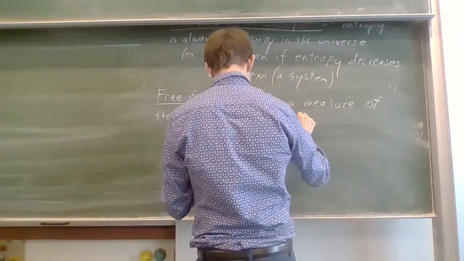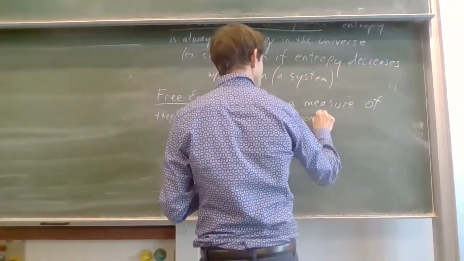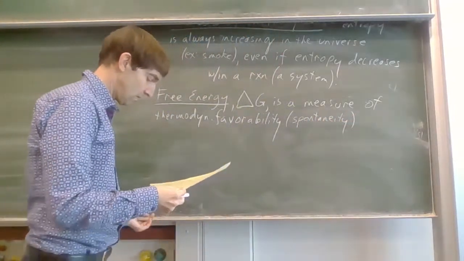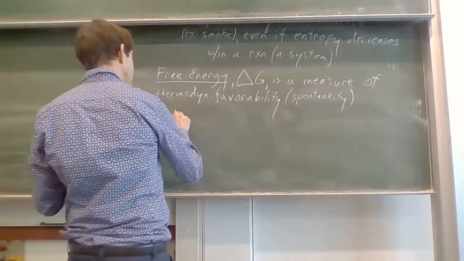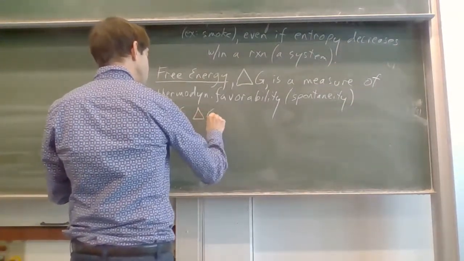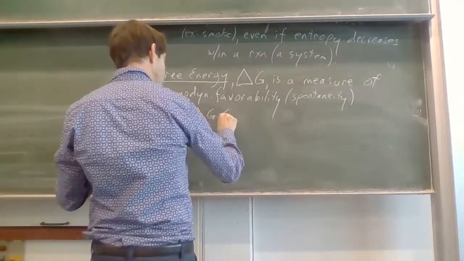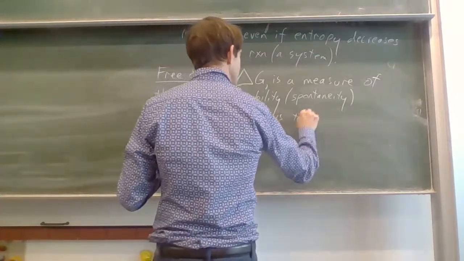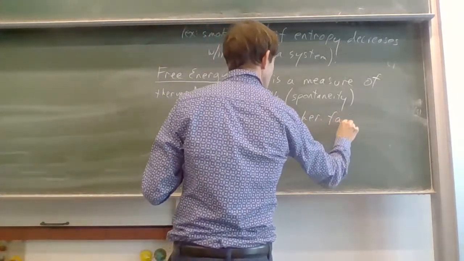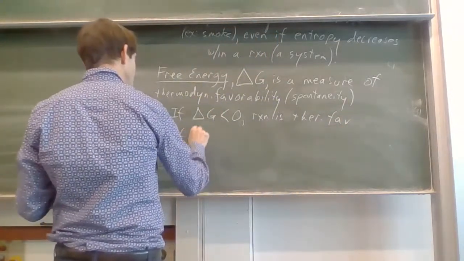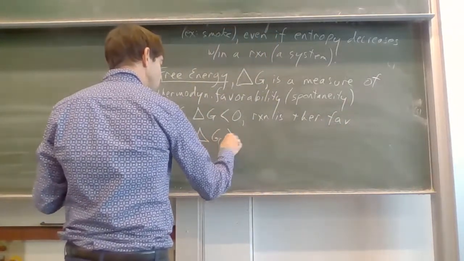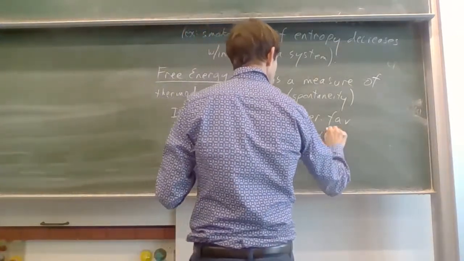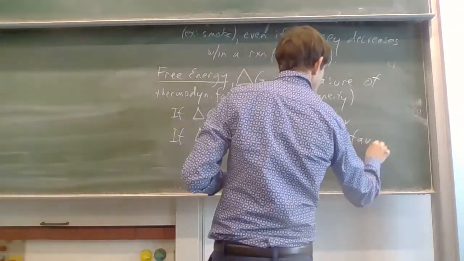Or we can just call it a measure of spontaneity. If delta G is negative, so it's less than 0, the reaction is spontaneous. And if delta G is greater than 0, the reaction is not spontaneous.